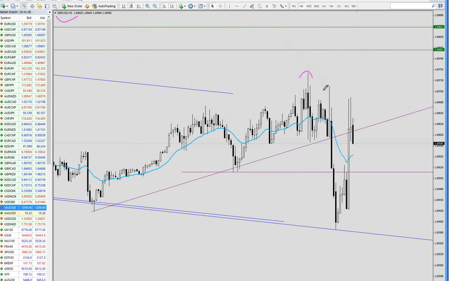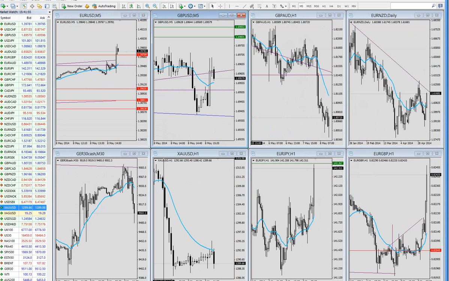It's a 5 minutes, but supply all around, and now we're taking some support here. Let's see what's going to happen here.